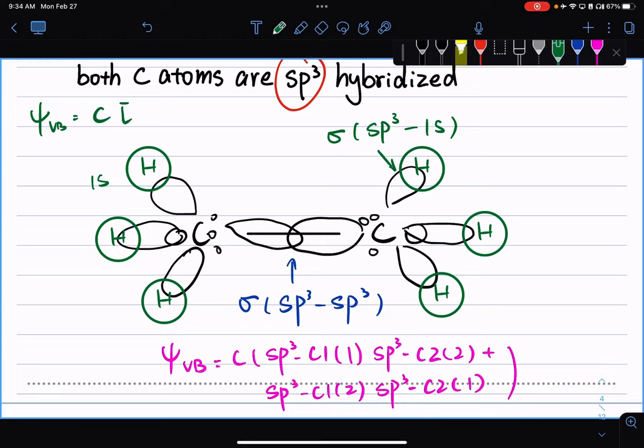I'll use the parenthesis literally here. sp3 of carbon with electron 1, s of hydrogen with electron 2, plus sp3 of carbon with electron 2, s with electron 1. So it's the same idea, right? You're just identifying which atomic orbital is involved. The atomic orbital involved can be a normal one, like an s orbital, or a hybridized one, like an sp3 orbital.